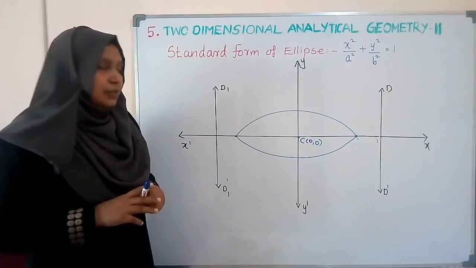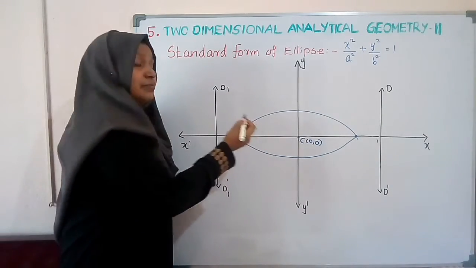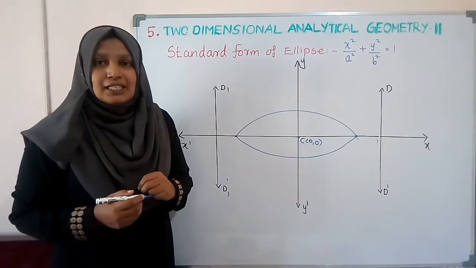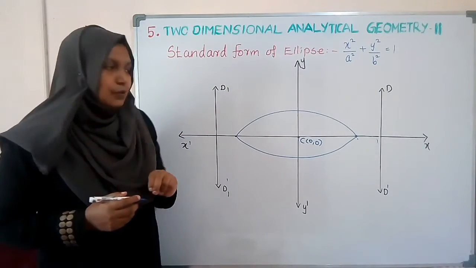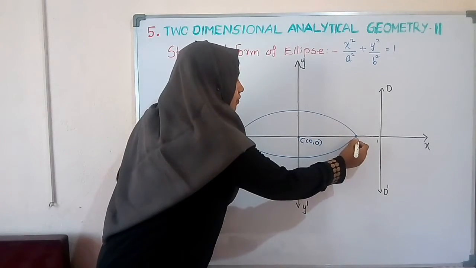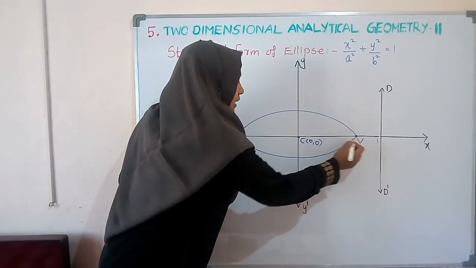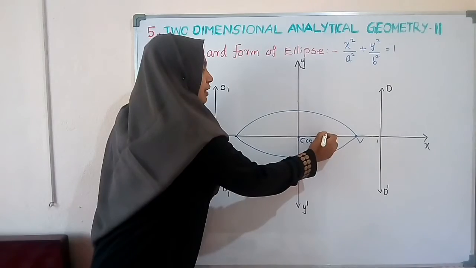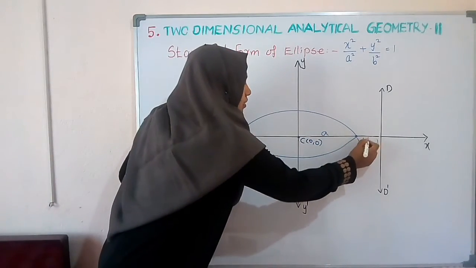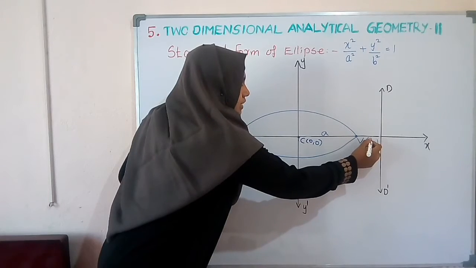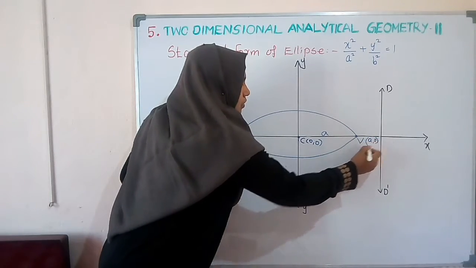Okay. Now we can see what the vertices are. We have two vertices for this ellipse. This is one vertex, and it is at a distance of a units from the center. So the coordinate of the vertex is a comma 0.